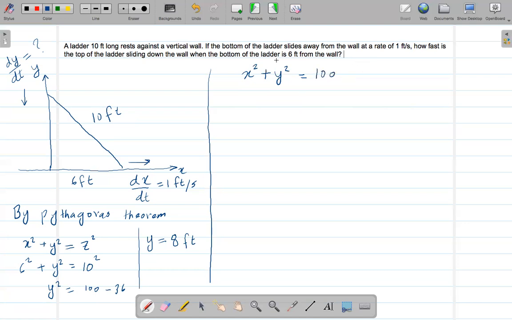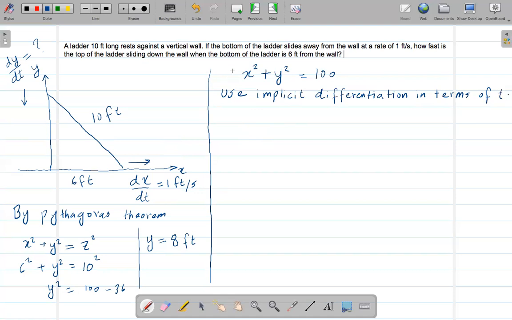So now, using this equation, we can use implicit differentiation in terms of t. If you guys remember implicit differentiation, now we are taking it in terms of t.